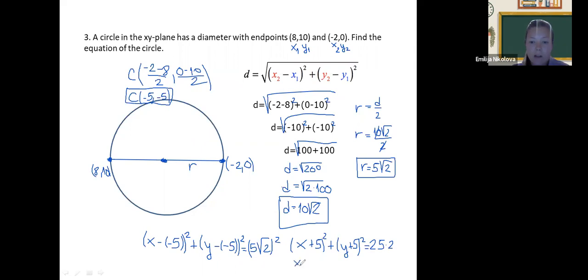So the equation of the circle will be this one in the end.